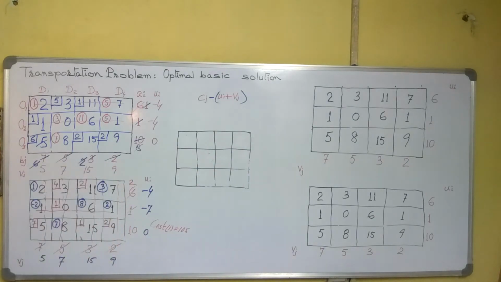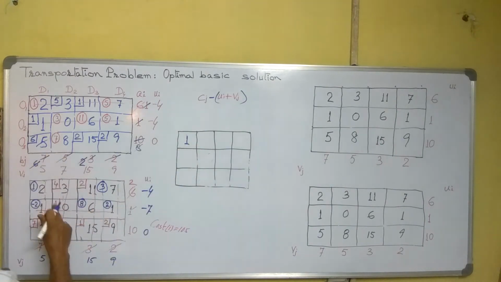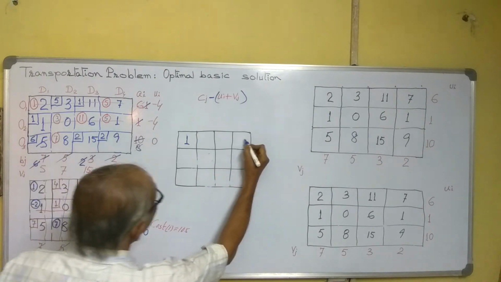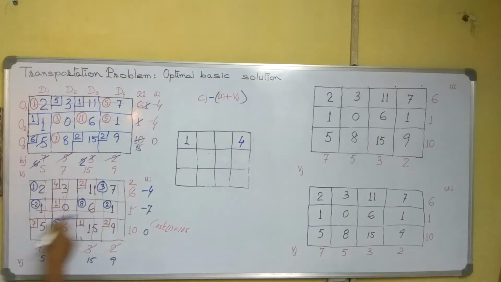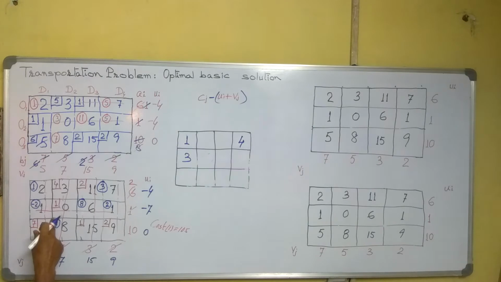So see here, for here it is 2 minus 1, so it is 1. Now it is unallotted, it is 7 minus 3. It is 4. Here it is 1 minus minus 2, 1 plus 2, it becomes 3. Then it is 0 minus 1.